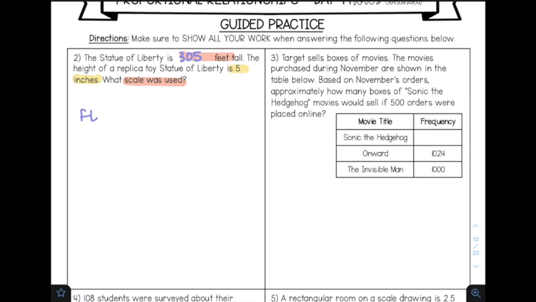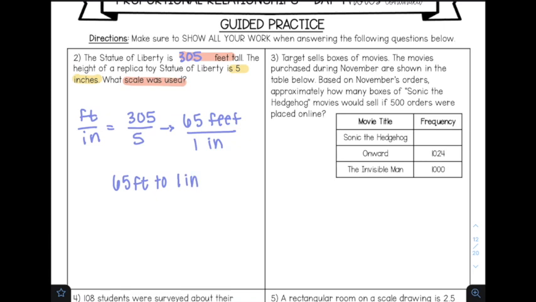So we have feet to inches, we have 305 over 5. I'm going to simplify. We get 65 feet over 1 inch. So our scale would be 65 feet to 1 inch, written out like this as a ratio, or you can even use the colon.